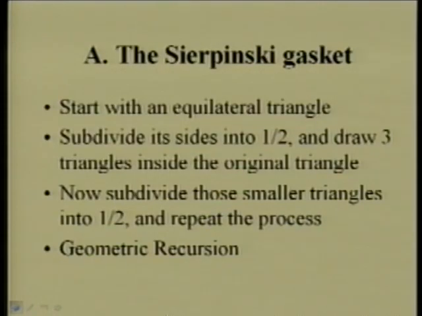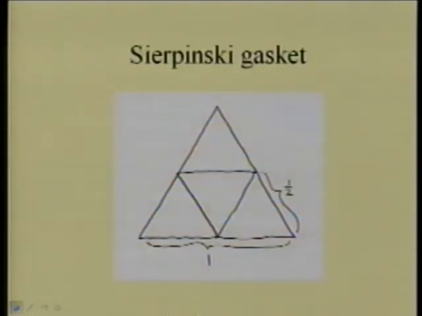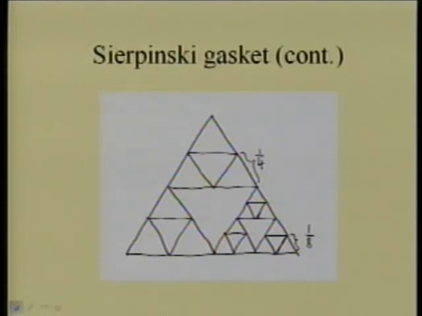So I'm going back to look at the recursion algorithm. This is an algorithm in keeping with the title of the lecture series. I will go now to the smaller triangles and subdivide those into 1/2. So the next step is to subdivide each of the triangles in each corner into 1/2 again, so I get quarter lengths.